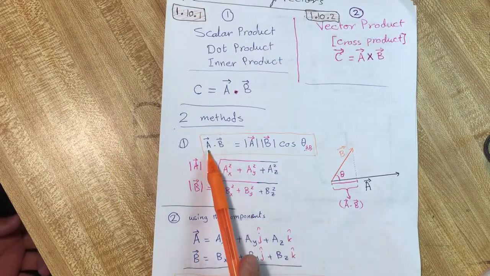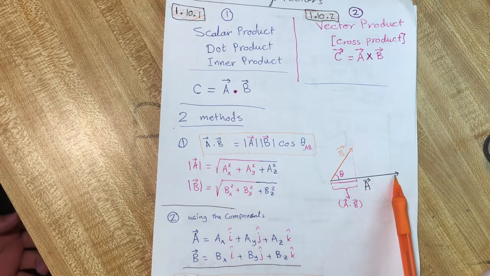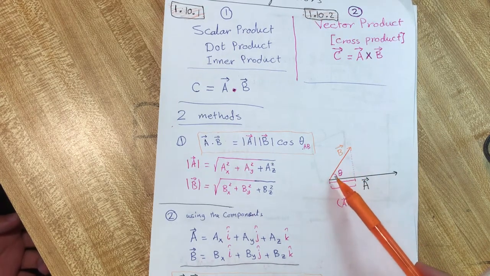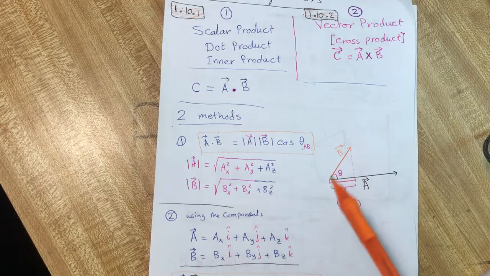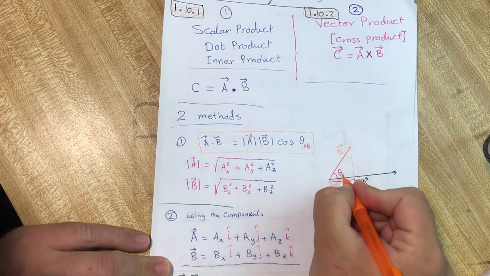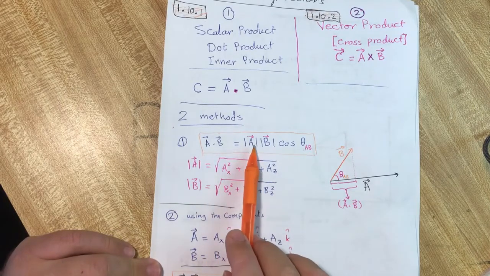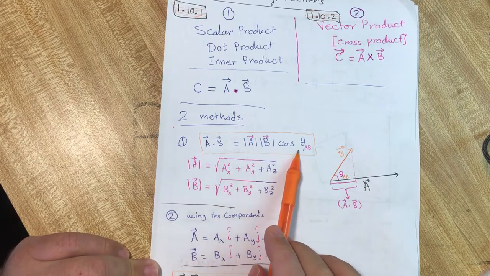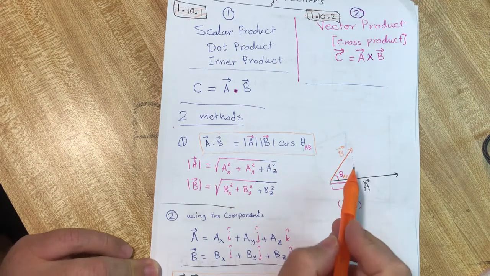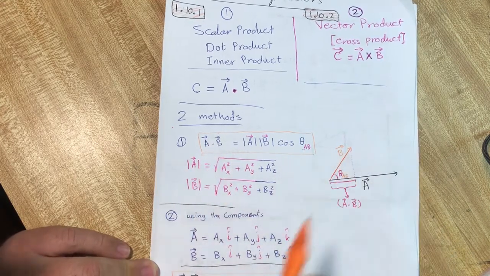The first one: we have the vector A, we know its length, and the vector B, we also know its length, and we have the theta between them. The dot product is the length of A multiplied by the length of B multiplied by cosine theta between them. Theta is taken from the first vector to the second vector counterclockwise.